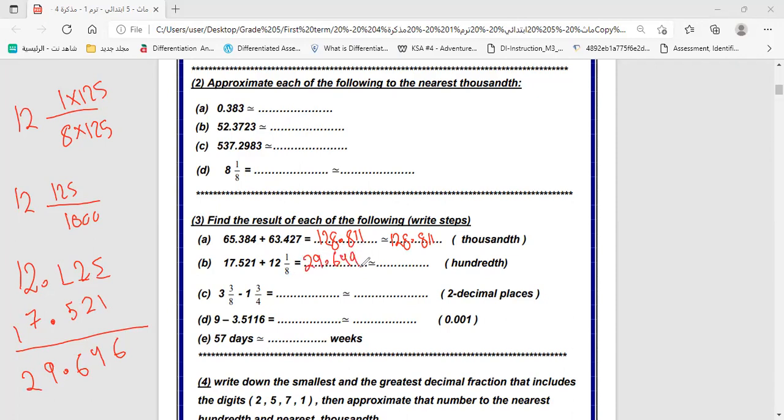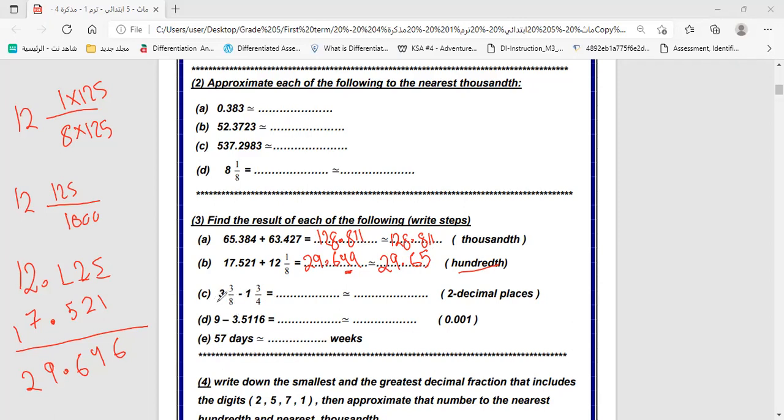Then approximate it to the nearest hundredth. Where is the hundredth? It's 4. The hundredth digit is 4. Beside it, we have a strong number. So it will give the 4 one more. So the answer will be 29.65. Okay? Fine.